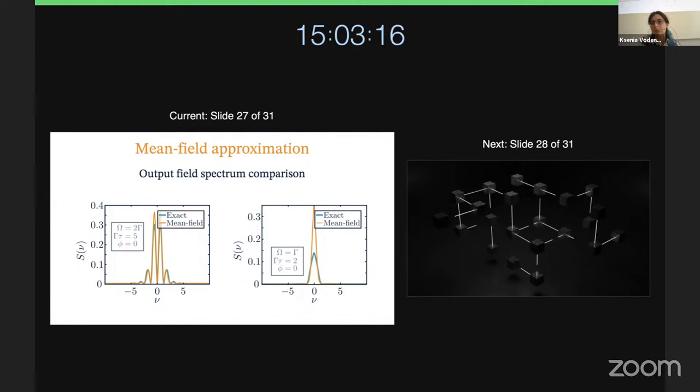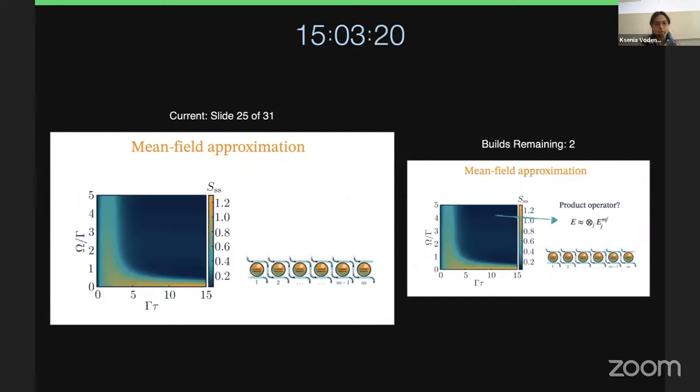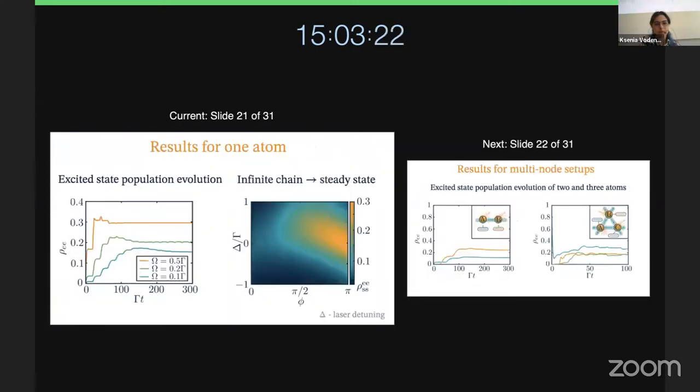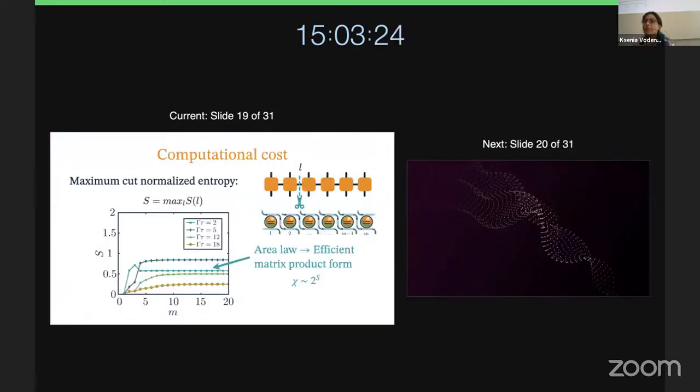This truncation is an approximation, and we also have the total error. So in your case, how do you cope with the entanglement growing over time? Do you target your cascaded chain in some way, or how are you able to do this in general?